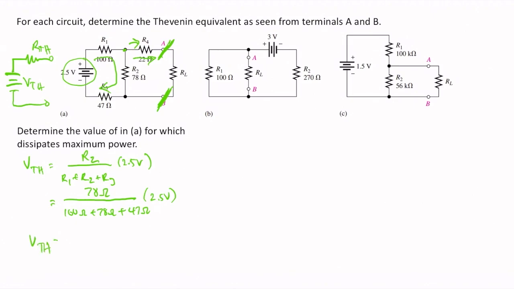So the Thevenin voltage in this circuit is then 0.87 volts.